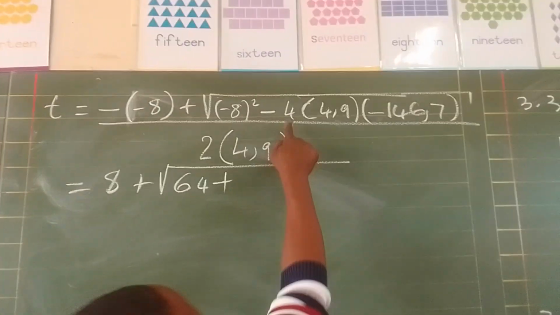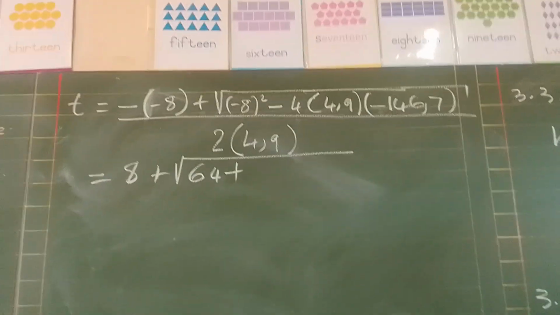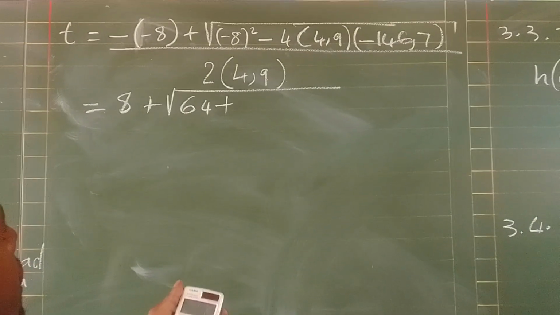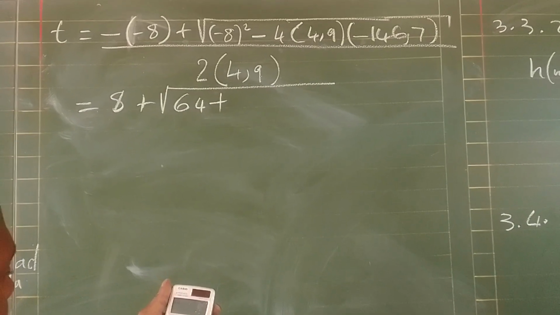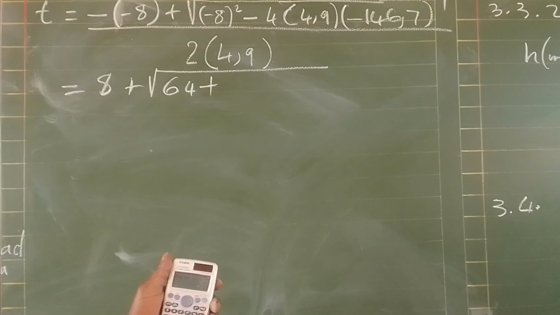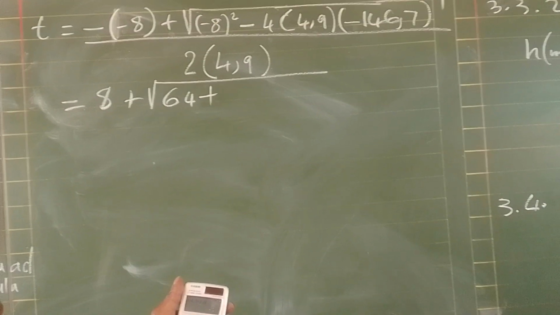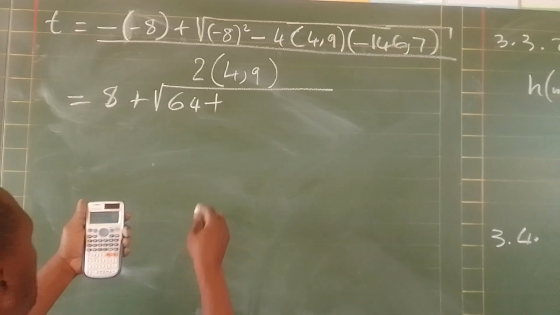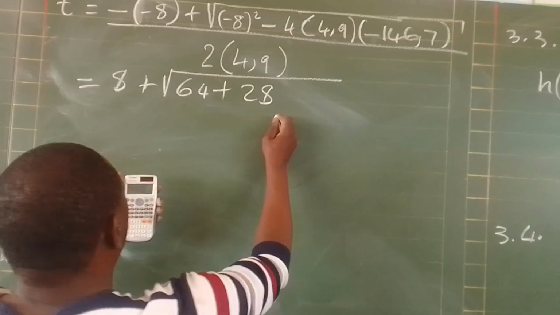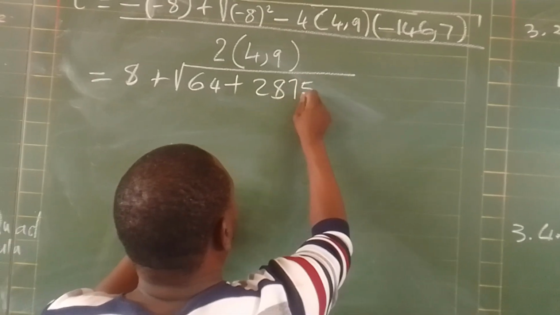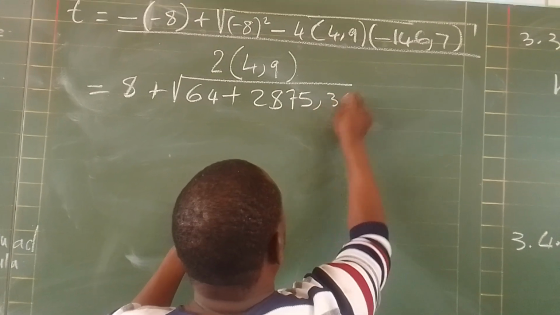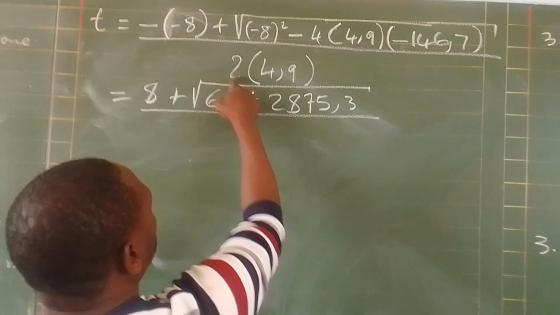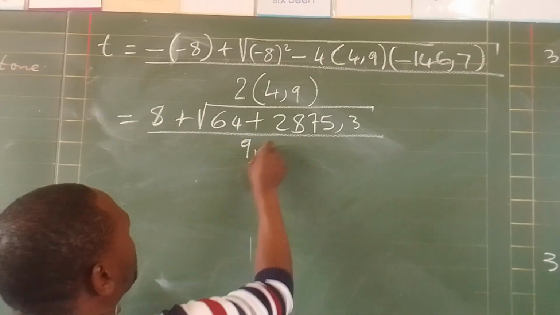Now you multiply 4 times 4.9 times 146.7. You get 2875.3, divided by 2 times 4.9, which is 9.8.